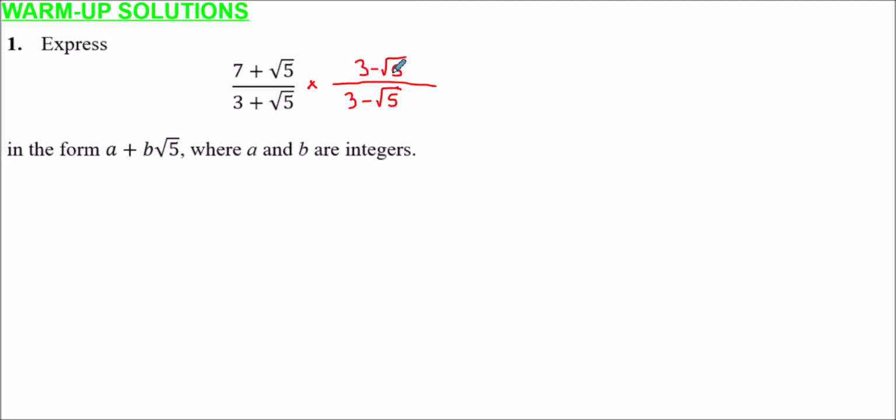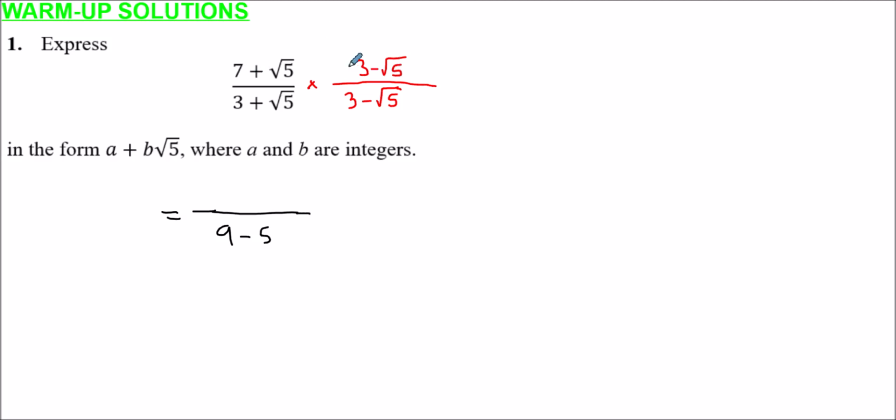for the first step. So on the bottom we're going to end up with 3 squared minus root 5 squared. This is effectively just the difference of 2 squares. So 3 times 3 is 9. Root 5 all squared is just going to be 5. So it's going to be 9 minus 5. This top we're going to be expanding out brackets.